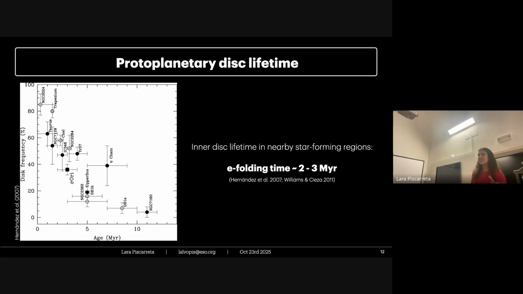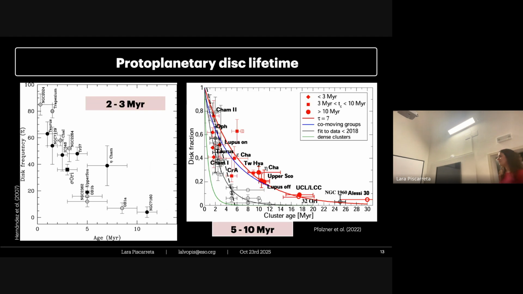Now, it is still a timescale that is highly debated in the literature, and there are authors that argue that it is, in fact, a bit longer. So this is a work by Pfalzner et al. 2022, and in this case, they argue that these shorter timescales are due to observational biases, in the sense that they probe mainly more distant star-forming regions, which have mainly high mass stars.